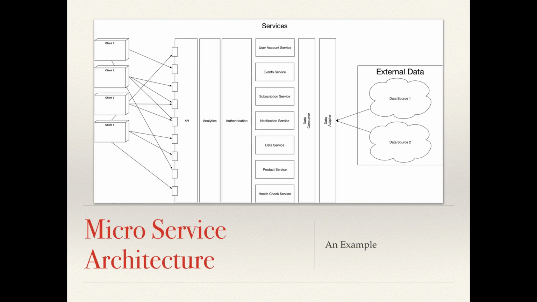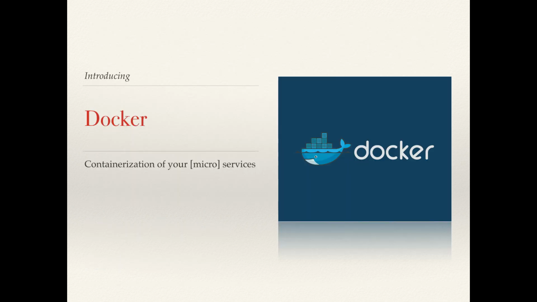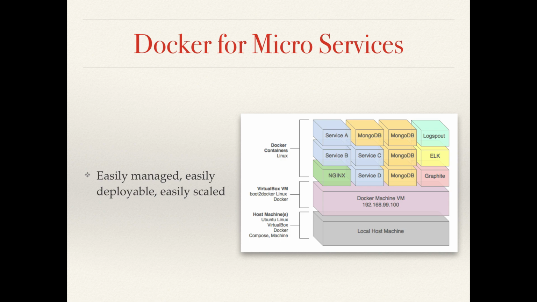Now let's talk a little bit more about microservice architecture. Now I did talk about Docker, and Docker is going to be the solution that we're going to use for a lot of these microservices and deploying services out individually. And again, Docker is a containerization of our microservices. So what does this look like?